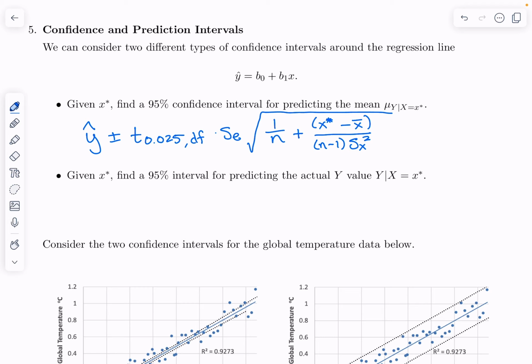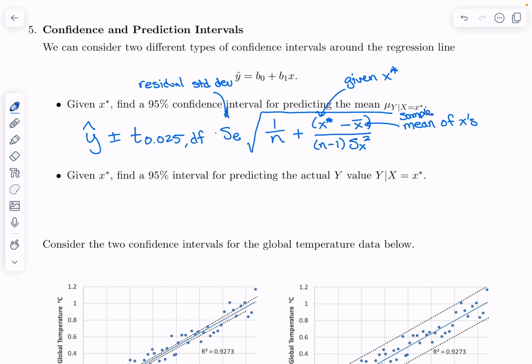So here we have the residual standard deviation that is part of that formula. We have a given value of x star for which we're going to look at our confidence interval around the mean. We're going to have in here the mean of our x's. That's a sample mean.